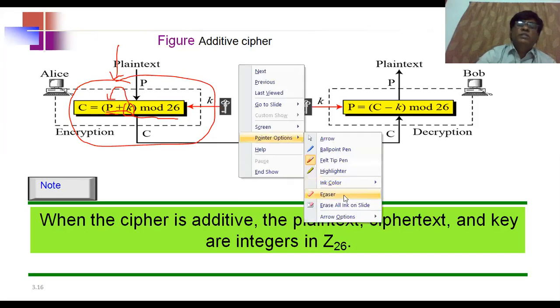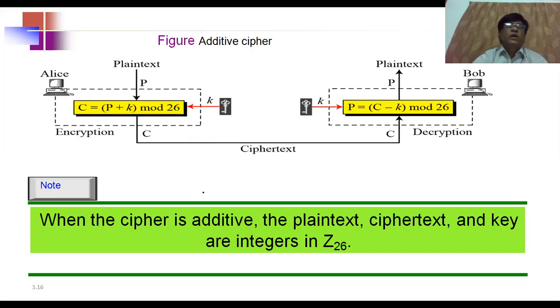Modulo 26 is a very simple thing: if I add some value to a character and it exceeds 25, it wraps around within 0 to 25 only.